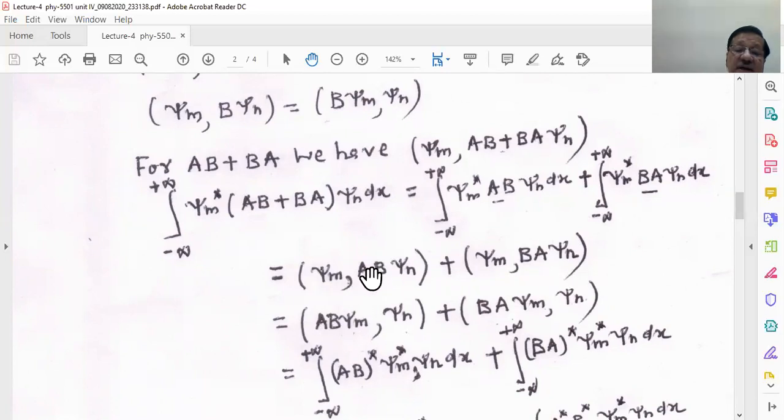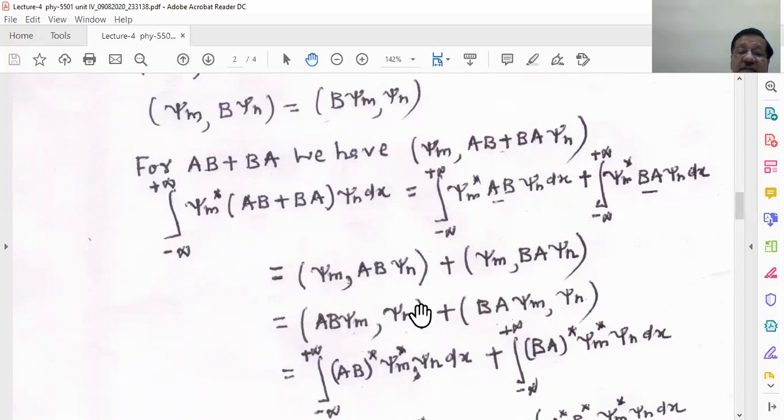So I can now write the scalar product of AB psi with psi. And similarly here also, this operator is associated with the second factor of the scalar product. If it is Hermitian, then it is associated with the first factor, so it is BA psi.